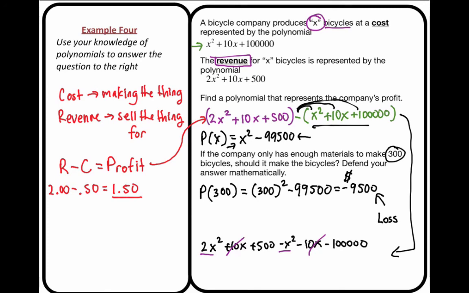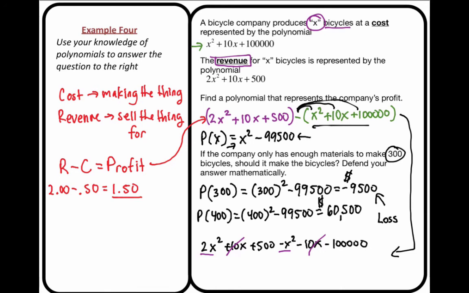So say, for example, they end up getting more material, and I know that this isn't part of the problem, but just to hammer things home, say we had enough material to make 400 bikes instead of just 300. So we can see what kind of profit we would make then. Hopefully it would be positive. So it looks like if I had enough to make 400, I could turn a profit of $60,500.